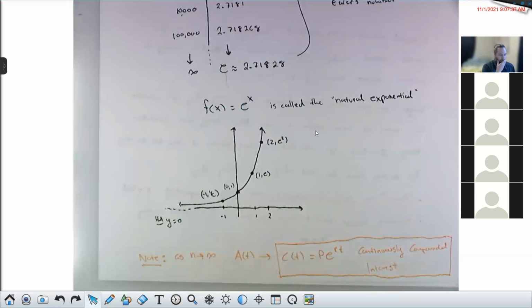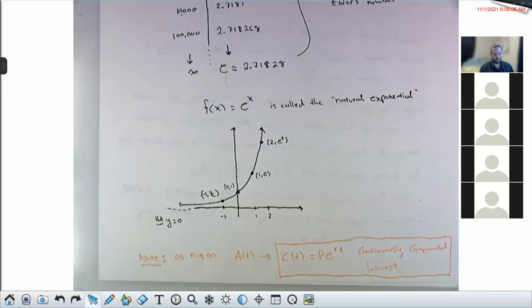How involved is this in Calc 1? Very intimately. Perhaps the most important function in all of calculus right here. It also connects to trigonometry in a way that's going to shock you when you see it in Calc 2. If you plug non-real complex numbers in for x here, if you plug the number i in here, or 2i, or i times pi in here, you get trig functions out.